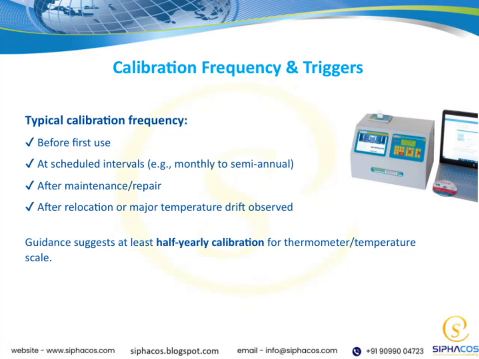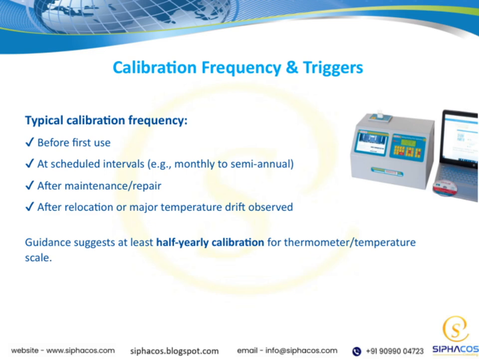Let's talk about calibration frequency and triggers. Typically, calibration should be done before the first time you use a device. This ensures accuracy from the very beginning. You should also calibrate at scheduled intervals. Think of monthly or semi-annual checks to maintain reliable measurements over time. Additionally, calibration is necessary after any maintenance or repair work, since those activities can affect the device's accuracy.